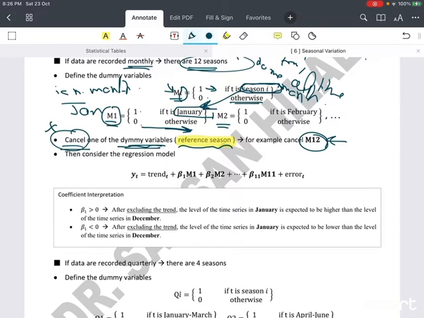This one I deleted, I name the reference season, because we will use it shortly.